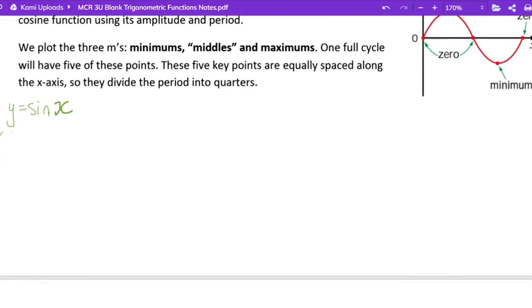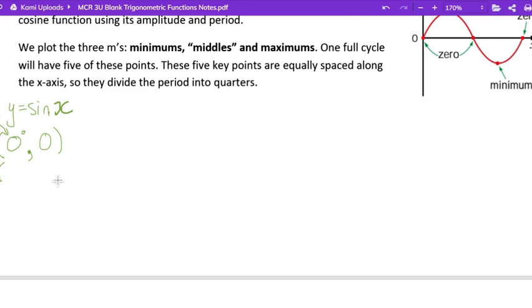Well, the first one we did, I said, what happens when you have 0 degrees? What is the value of the function? Well, we said it's equal to 0, right? So remember, the first one is the x, or your angle. It's the input.